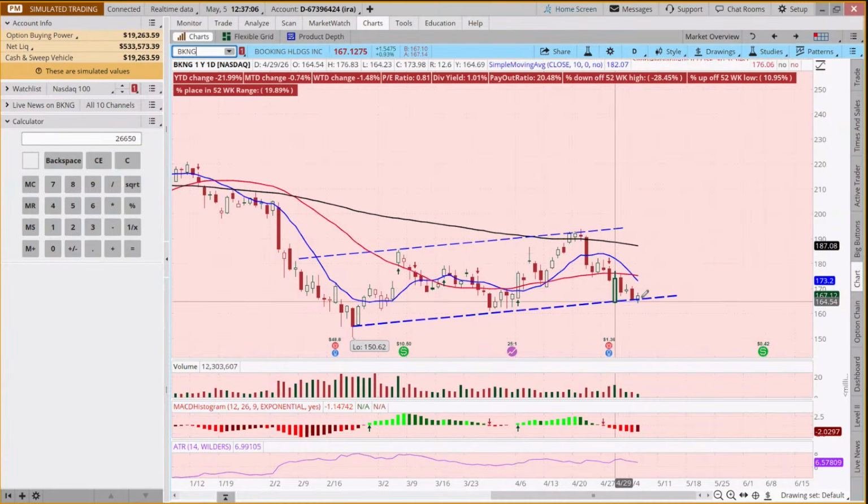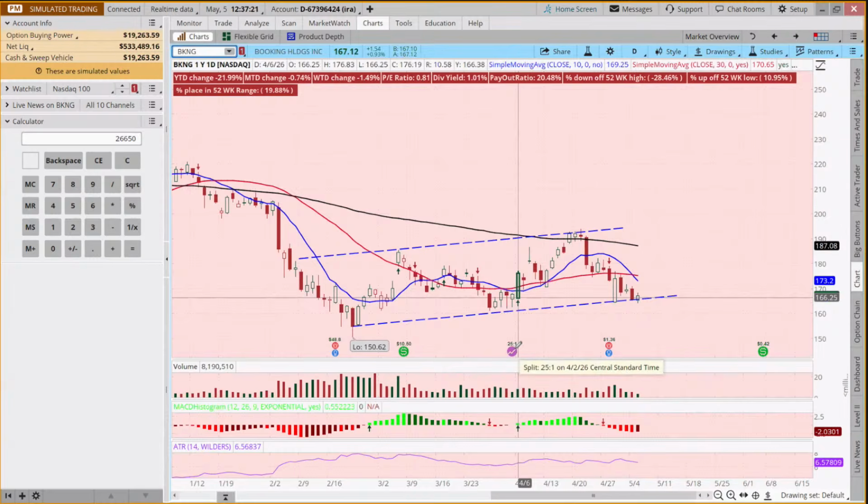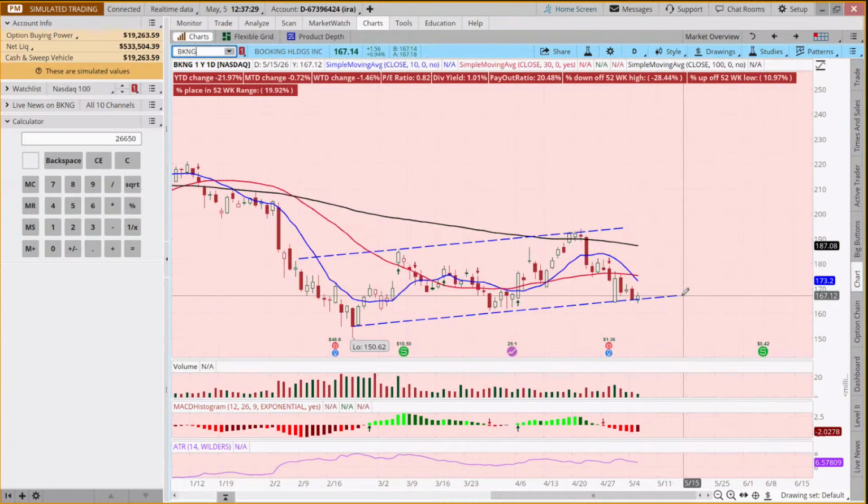And when we look at this, it seems to be climbing up the hill, but a little slowly. This just had a 25-for-1 stock split, which brought the price down by a factor of 25, and has made it more affordable for more people to trade. And can we trade this within this range? Absolutely.